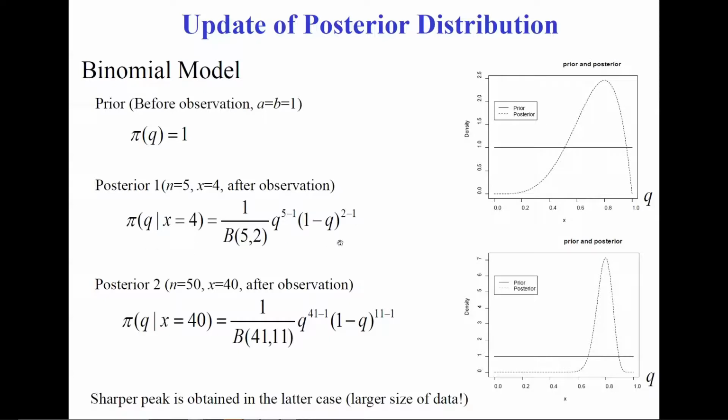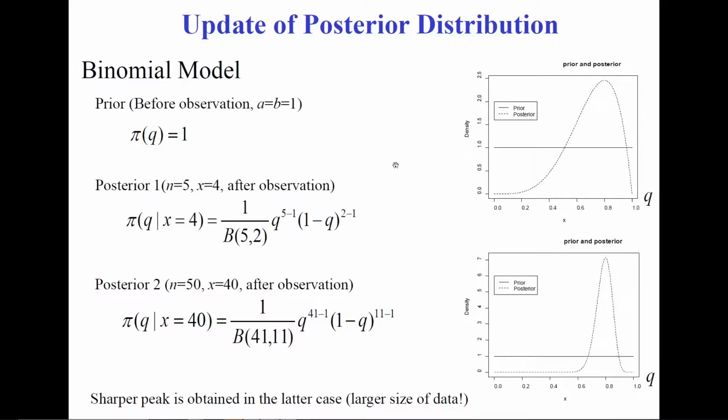And this is a polynomial, and we have drawn the graph of this posterior distribution. The upper right panel shows this posterior distribution. The dotted line denotes the posterior. We can see the peak around 0.8. This is the maximum likelihood estimate of the parameter q, because we obtain 4 successes after 5 trials, and 4 over 5 is 0.8.